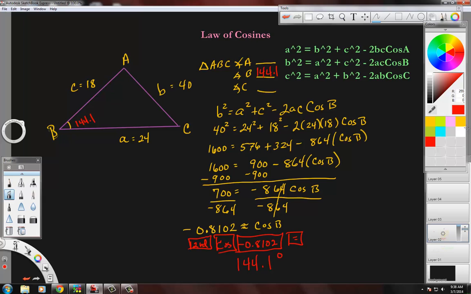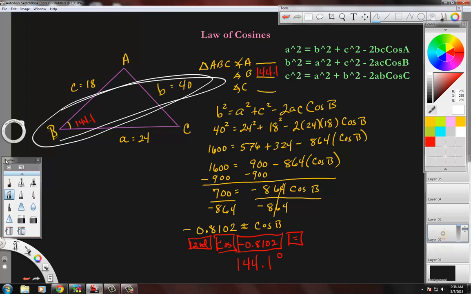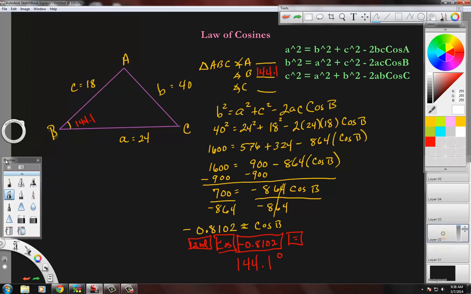After that, this problem becomes a whole lot easier because I can use the Law of Sines at this point, because I have these opposites here. That's when you know you can use the Law of Sines.